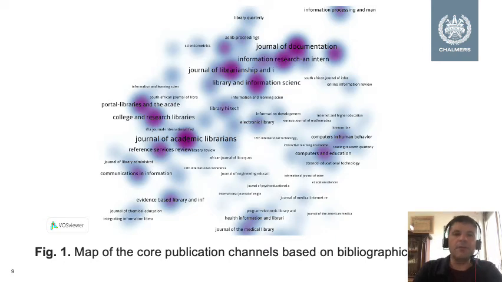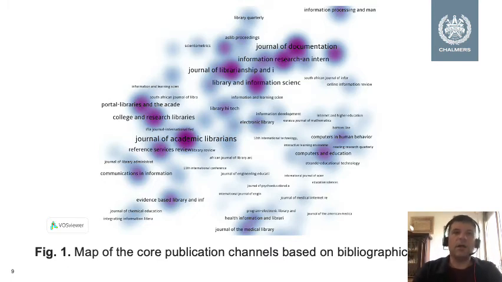Combining the R package Bibliometrix with the software VOSviewer, I could obtain a density map of the journals based on the relation of bibliographic coupling, which is a relation according to which document A and document B both include a third document C in the reference list.